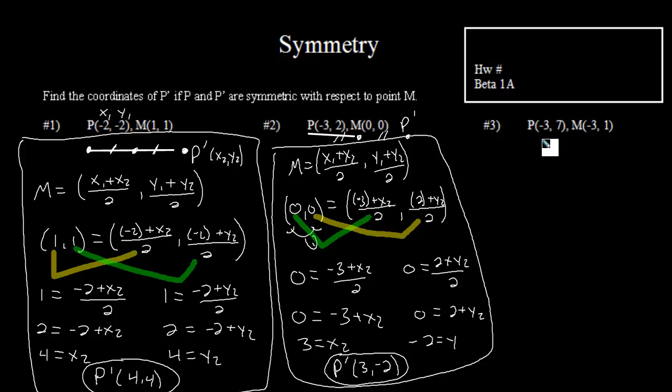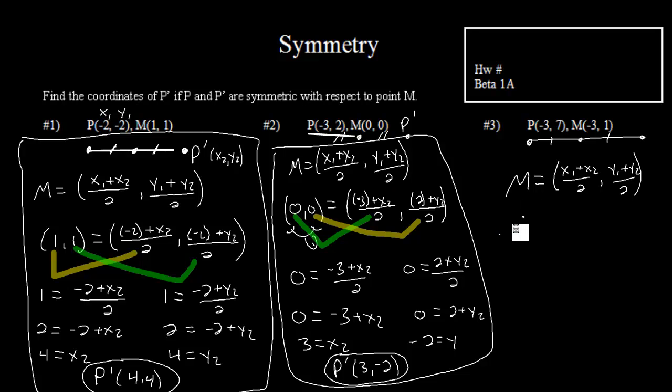Third problem in this group. Same situation. Just more practice. Midpoint is equal to the sum of the x values divided by 2, and then the sum of the y values divided by 2.